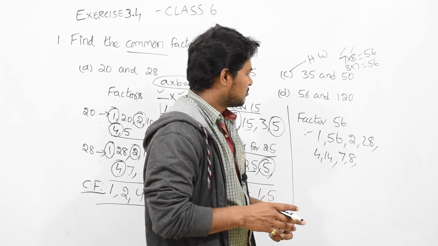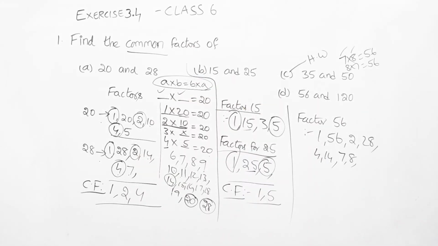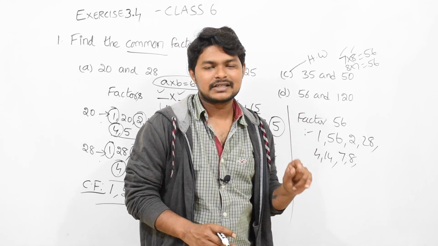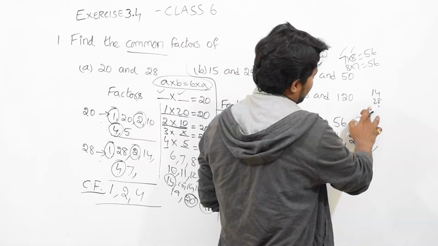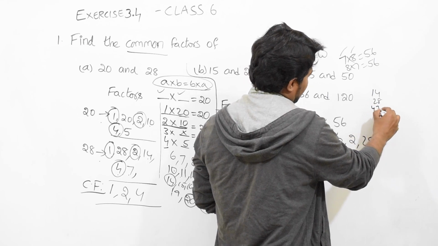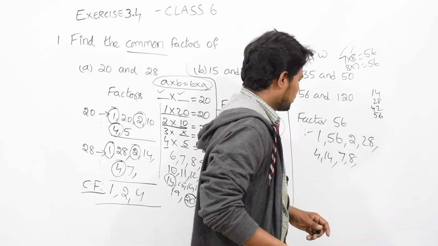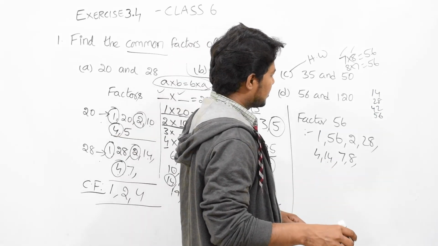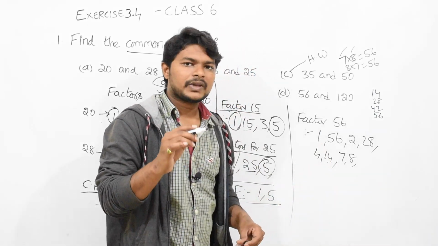Then 13, excuse me, in the 13 table, 13 threes are 39, 13 fours are 52, so it will not come. 14 fours are 56, but we have already written 14. So in the 15 table it will not come.